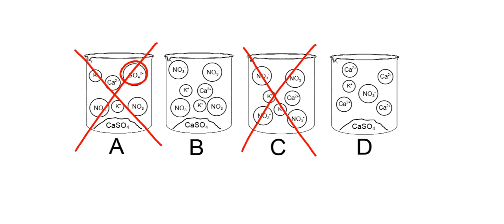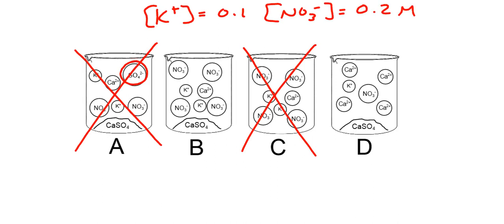So now it's between B and D. If you look at B and D, the only real difference is specific numbers. So if we look at our numbers again, what we had said was K plus equaled 0.1, NO3 equaled 0.2, and Ca2+ equaled 0.05. So what does that show me?